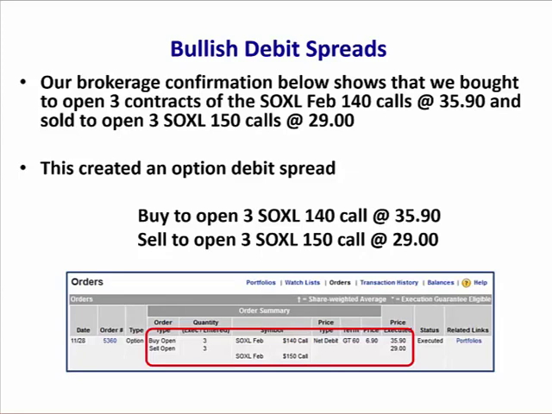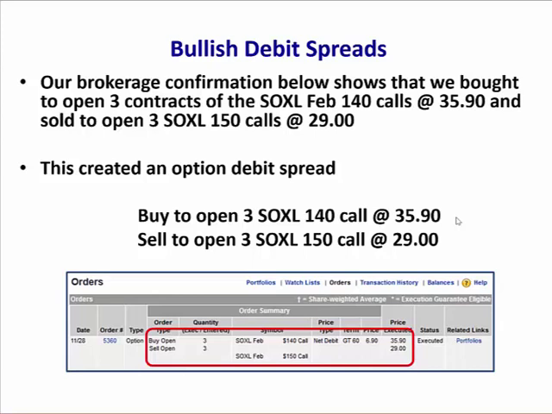So we simultaneously bought to open the SOXL February 140 call at 35.90, and we simultaneously sold the February 150 call at 29 points. So bought to open the 140 call at 35.90, sold to open a 150 call at 29.00.